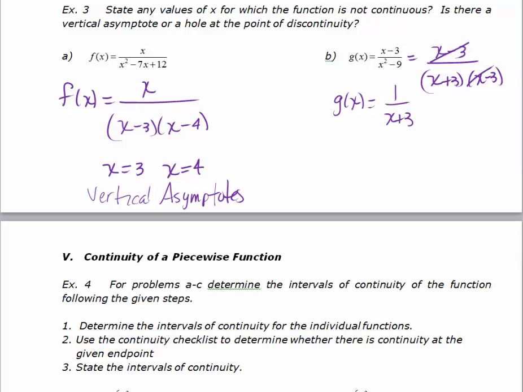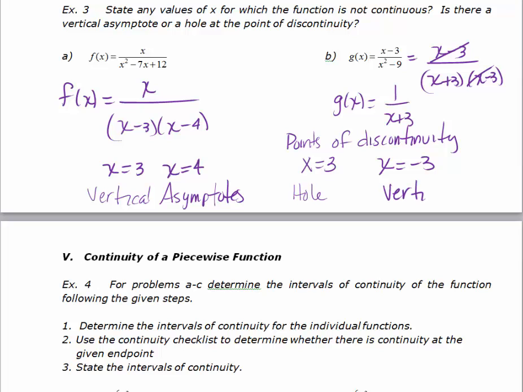I have a hole. I know where the remaining factor is. I have a vertical asymptote. So basically the points of discontinuity are x equals 3 and x equals negative 3. But we have a hole at x equals 3, and we have a vertical asymptote at x equals negative 3.